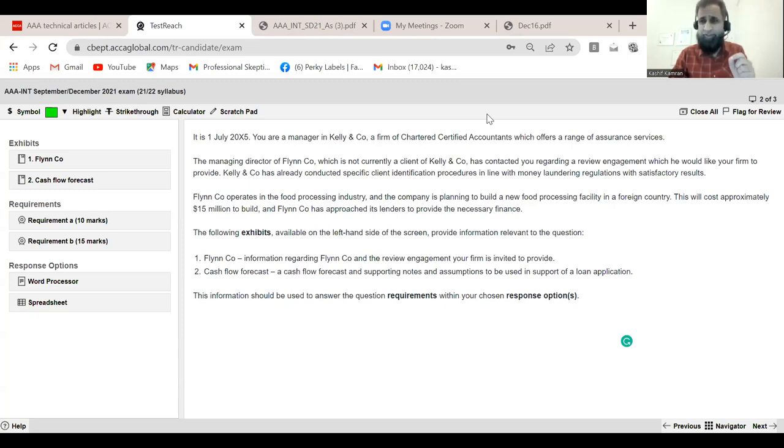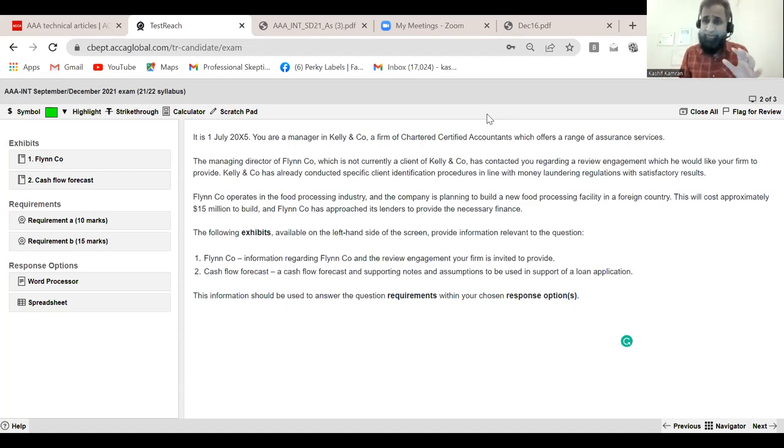Now, some of the students are very comfortable with using their own calculator, and you can carry your own calculator on the day of exam. ACCA gives you permission to have your own calculator in a computer-based exam. So you can have your own calculator on your desktop and use it at your convenience.